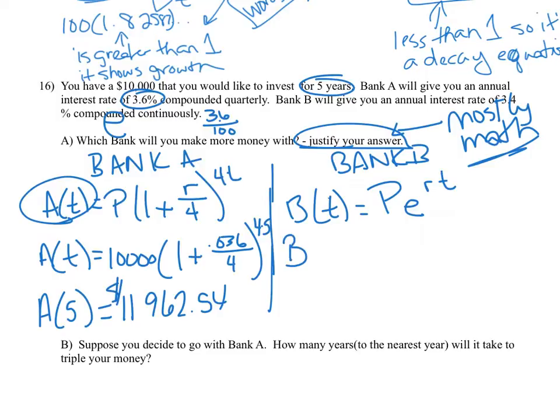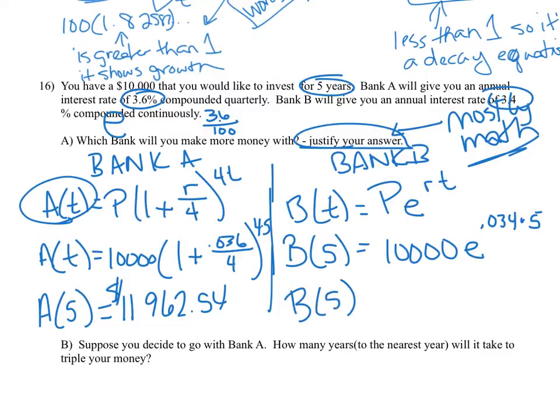So this is 10,000 e to the rate. In this case, it's 3.4%, so it's 0.034 times 5 years. Plug that into your calculator, and after 5 years, you will have $11,853.05.